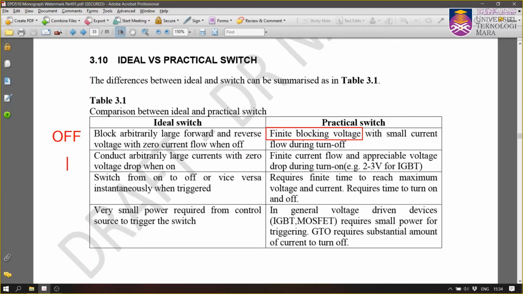And then we have this during turn on. When the switch is on, the ideal switch can conduct arbitrarily large current with zero voltage drop, but in practical there is a finite current flow that depends on the device. So there is a limit of current flow, and of course there is a small voltage drop during turn on. The ideal switch changes from on to off and vice versa instantaneously when triggered. So this is during the transition.